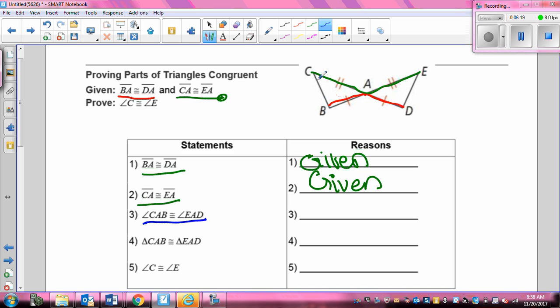Let's look at where those two angles are. CAB is this angle right here, is congruent to EAD, which is this angle right here. The reason why we know these two angles are congruent is because we have vertical angles. These are vertical angles. So let's write it down. These are vertical angles.